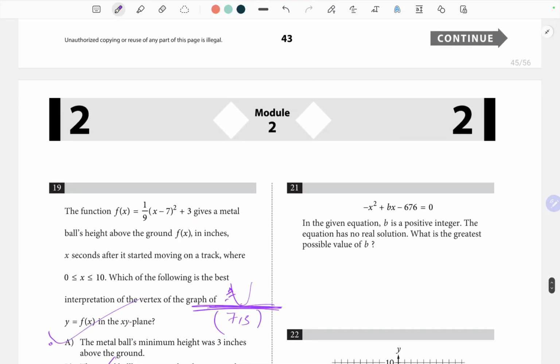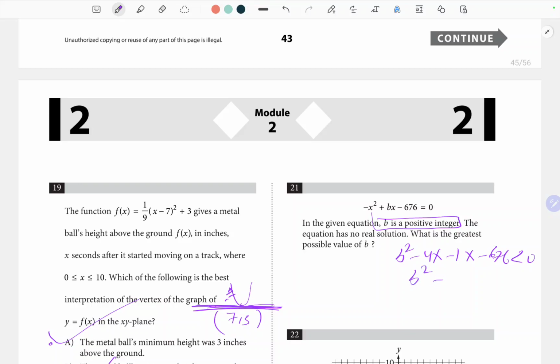Now question number 21. It is given the equation, B is the positive integer. This is very important, these kind of conditions. The equation has no real solution. What is the greatest possible value of B? No real solution, so D less than 0. So D means B square minus 4AC less than 0.